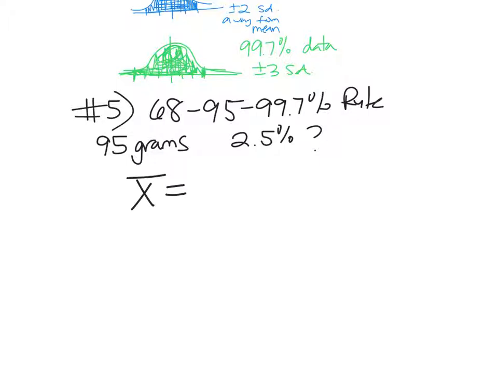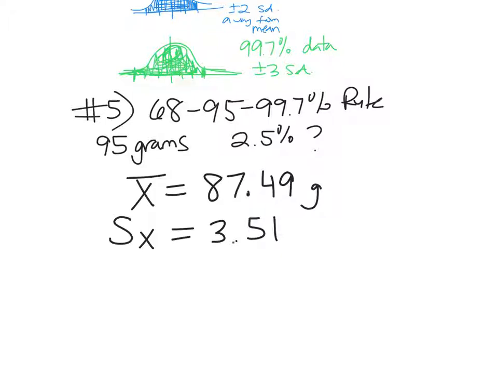We only did 15, but for all 30 chicks, the average was 87.49 grams. That's the average weight of all the loon chicks, okay? And then the standard deviation, they used S. We're not going to use sigma. We always use S. S is equal to 3.51.